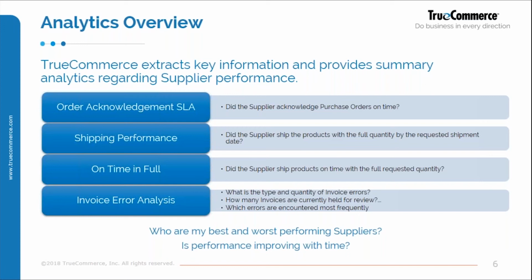On time in full, did the supplier ship the correct products at the right time and to the required location? And finally, invoicing errors. How many invoices were submitted in error? How many are currently held for review? What are the most common invoicing errors that we're observing? Using these metrics, it is possible to establish supplier performance and identify whether it's improving or degrading with time.